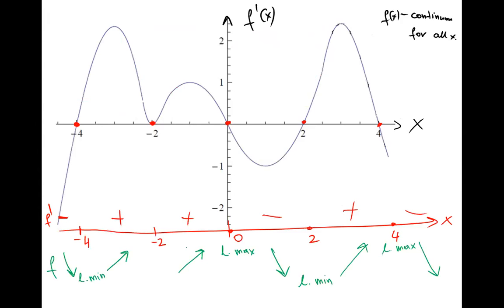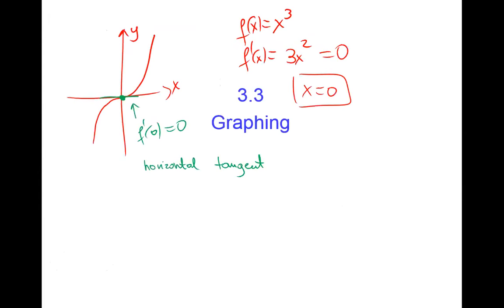If it's exactly 0, it's a horizontal tangent, kind of like a still point. We even remember the question about the moving particle: what are the x values or t values where the particle is at rest? The derivative must be 0. That means this is kind of like a resting point.